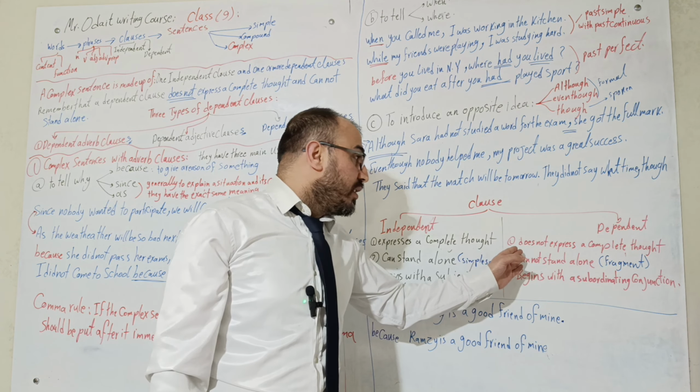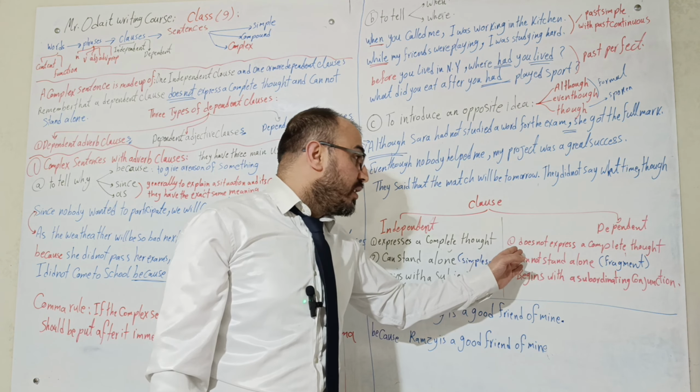Again, my friends, it doesn't begin with a subject or a noun phrase. A dependent clause begins with a subordinating conjunction, and in our case here, it is the word because. So generally, an independent clause can stand alone as a sentence and it conveys a full meaning, while a dependent clause cannot stand alone because it conveys an incomplete message.